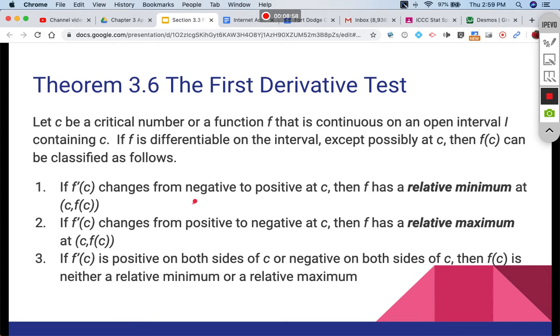So we use this to get to the first derivative test. This sounds important. The first derivative test is basically looking for relative extrema.